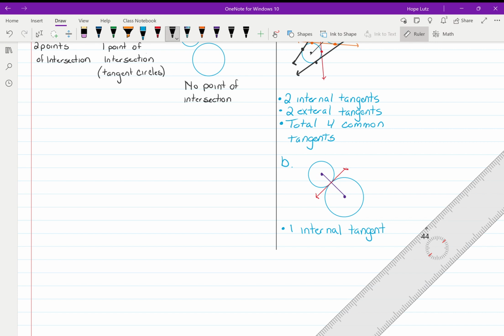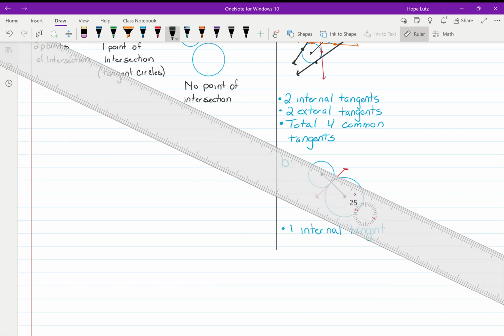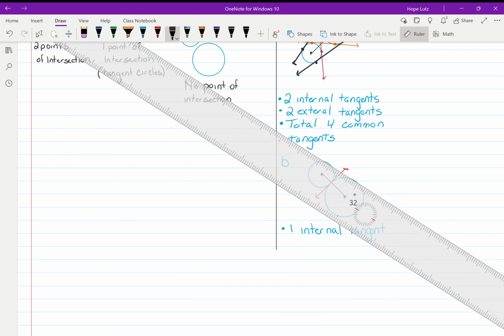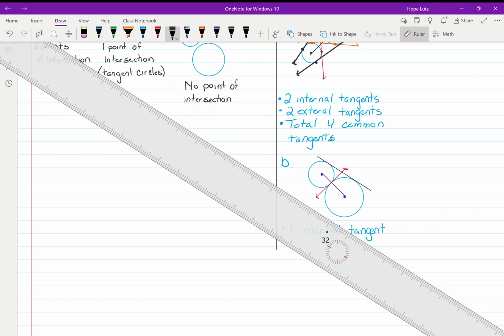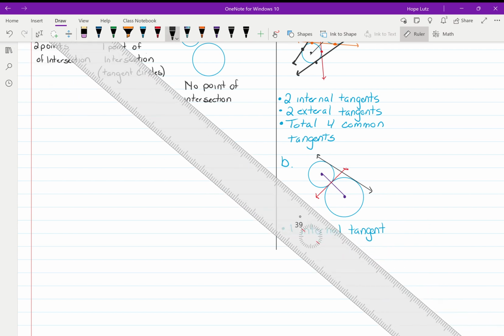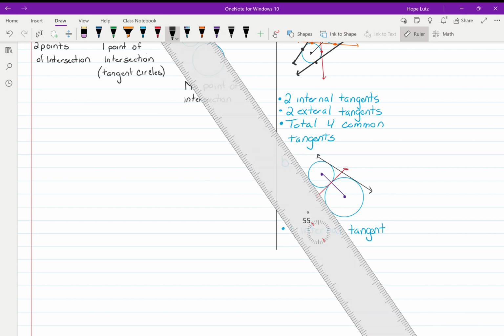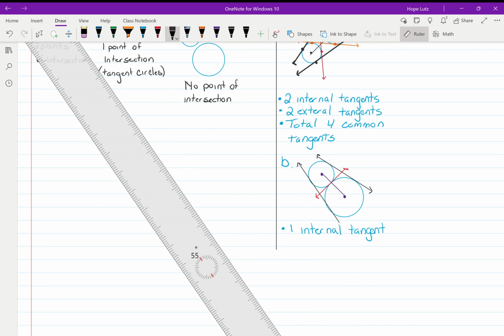And then I'm going to do my outsides. How many times can I draw outsides? So in this case, it looks like I've got one here. And I've got one here. So in this case, I'm a little bit off. I've got it hit here, here, here, and here.